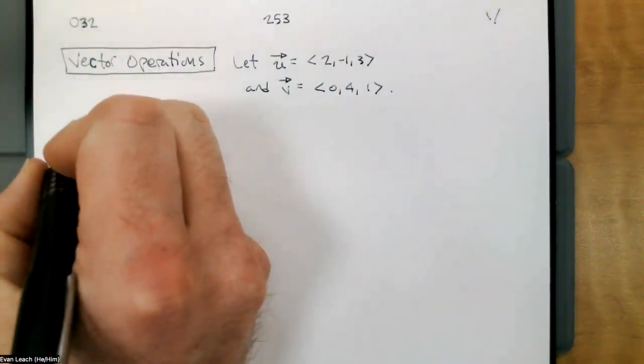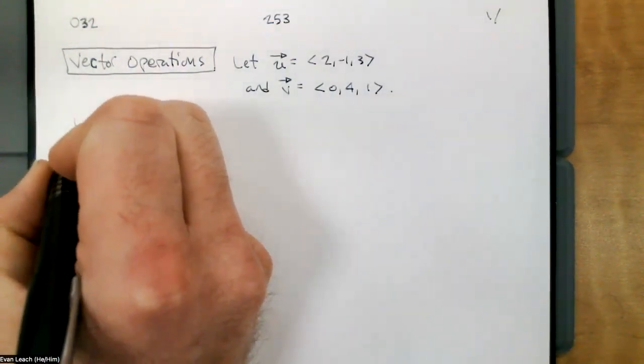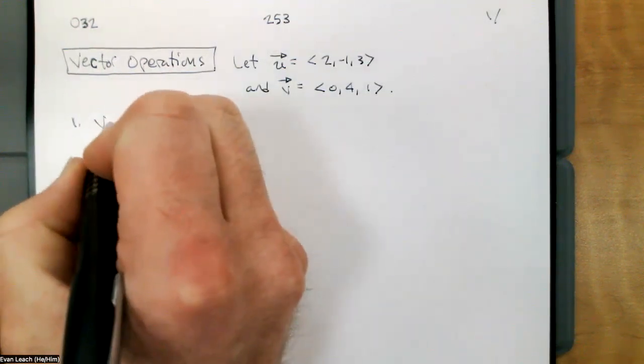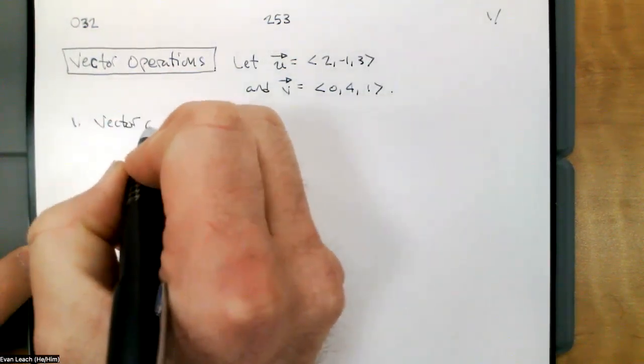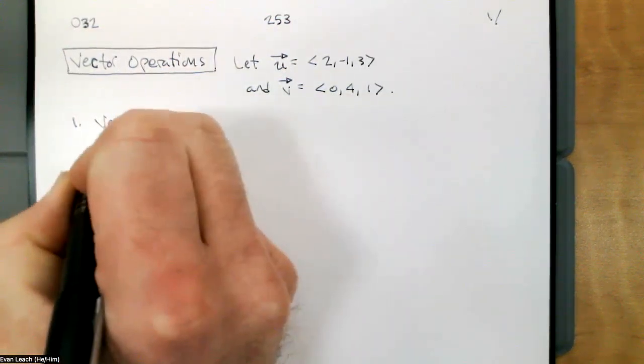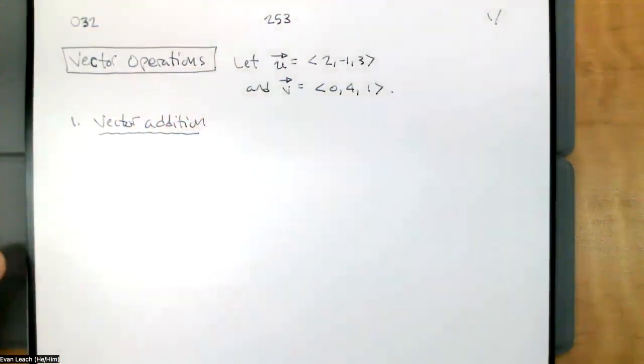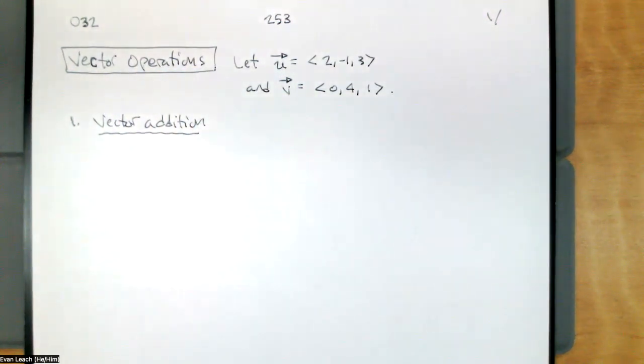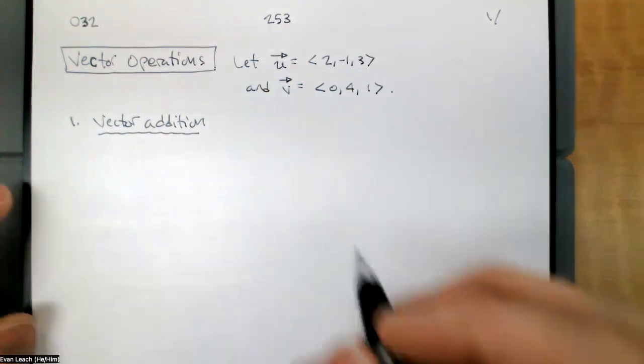So our first one that we need to know about is vector addition. Vector addition is an operation that works exactly like you think it would. I'm going to ask you to add u and v, and you're going to do exactly what you would guess.